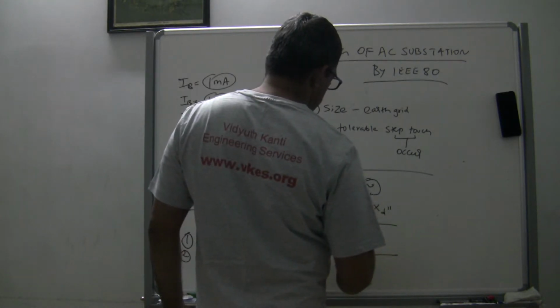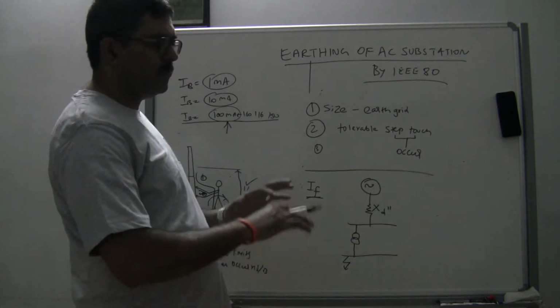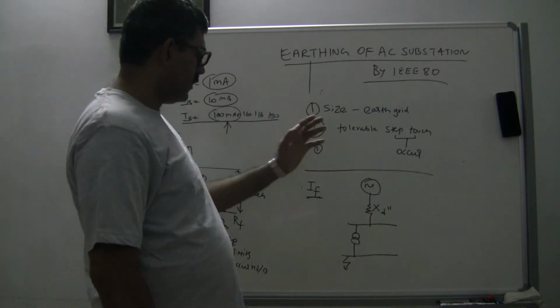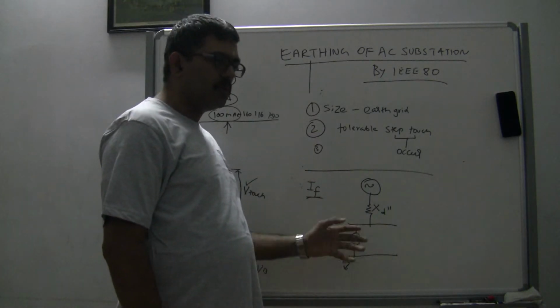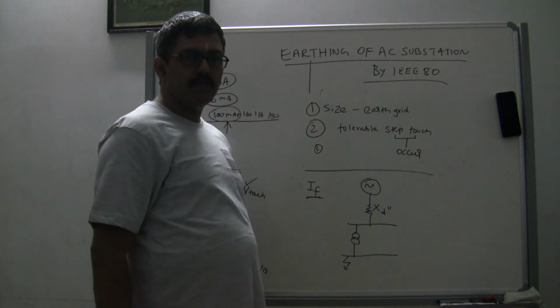Suppose you want to find the fault current at any particular bus. You represent the entire system and write down the per unit reactance. Then you can determine the fault current.